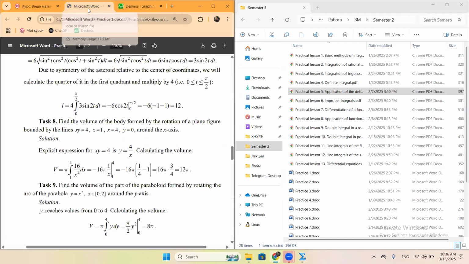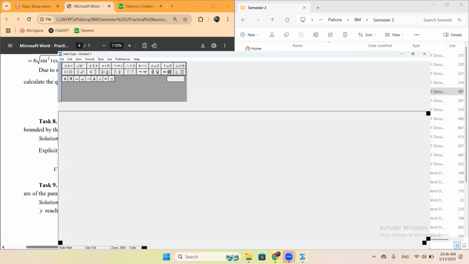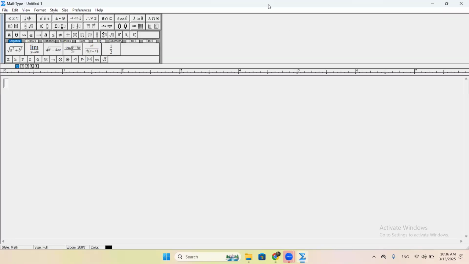So how to do it? We need to write this function in explicit form, and bounds of integration are defined.